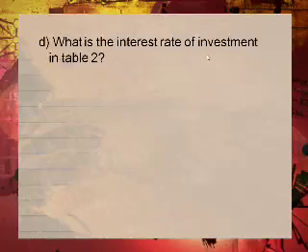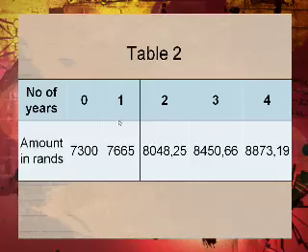I still need my table 2 here. What is the interest rate of the investment in table 2? If you go back to table 2, we need the rate. From here to there, it grows by a different value from 365, but we need the rate. So I can choose 2 consecutive or successive years.